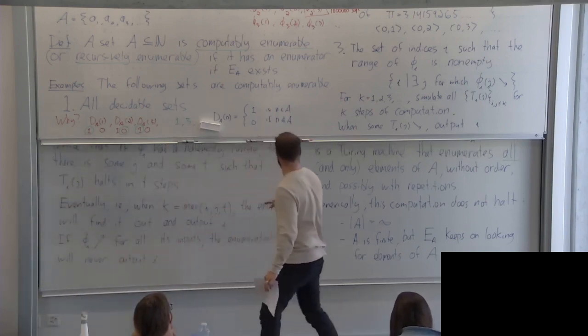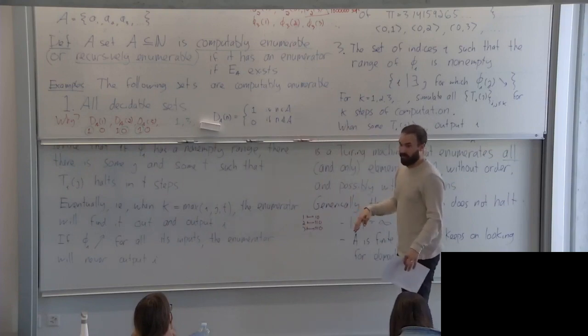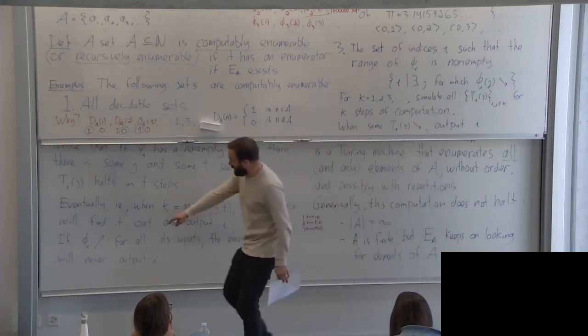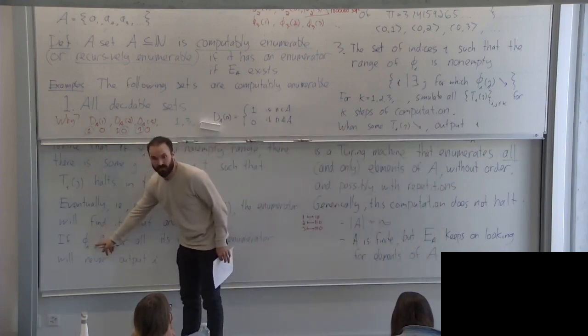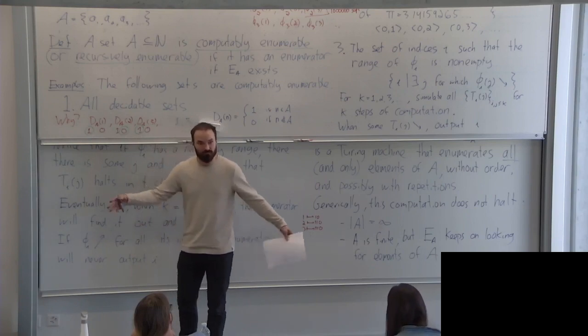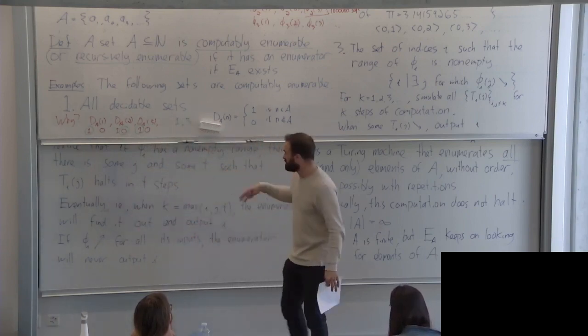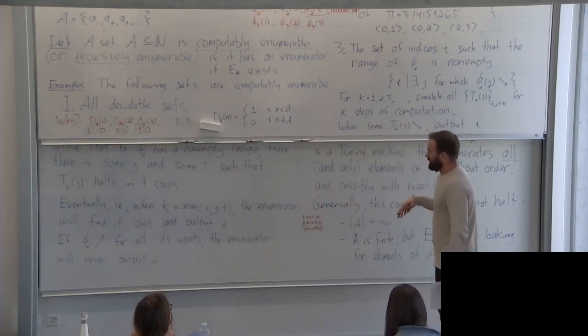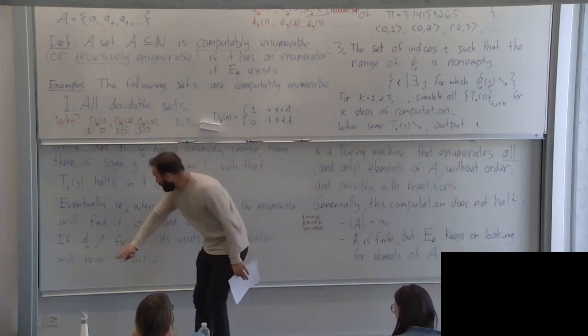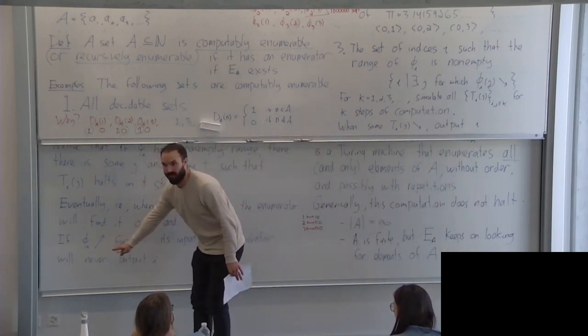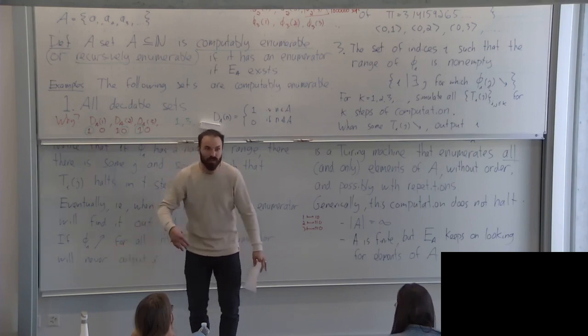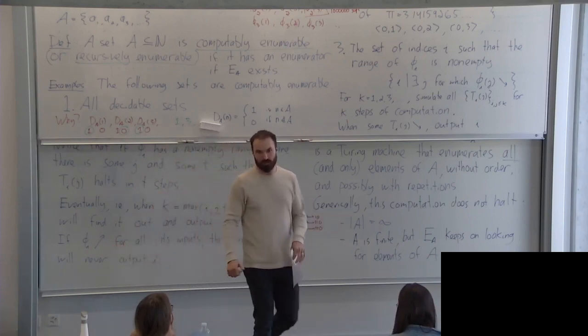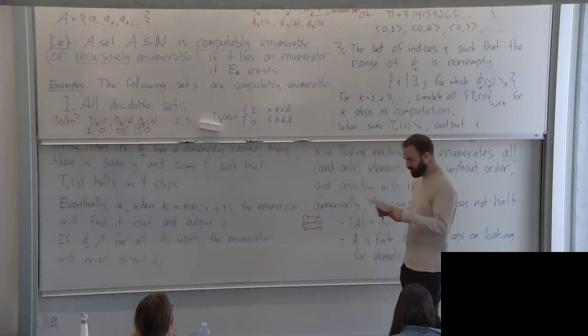It will keep on increasing its k. It will keep on checking phi I on larger inputs j for longer times t. But this machine phi I just always diverges. It always loops for any input. So the enumerator will not make up something which would be wrong.